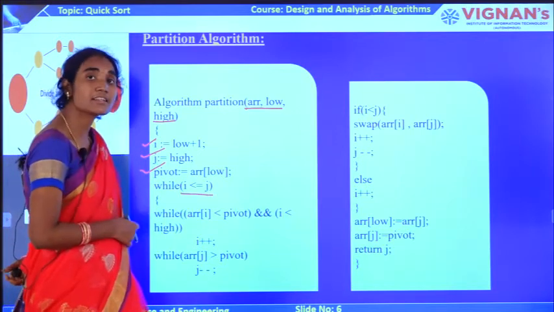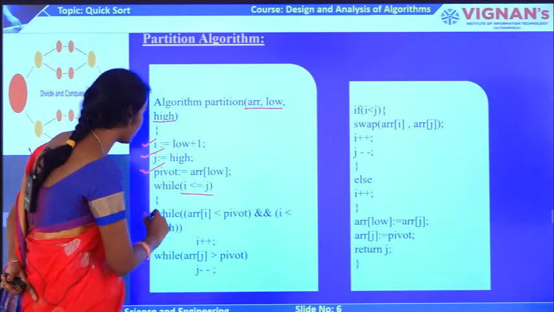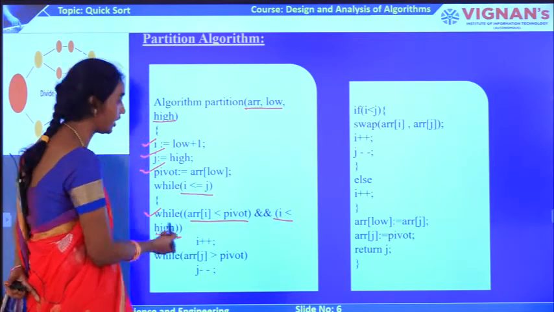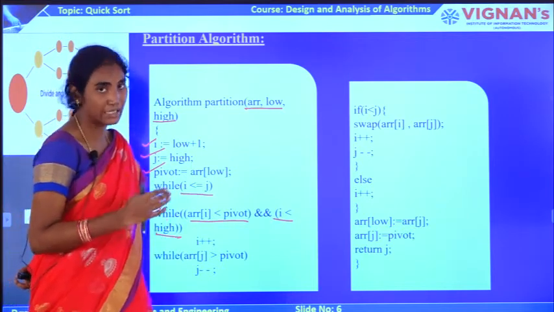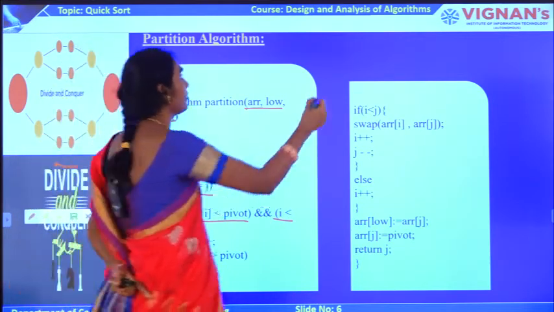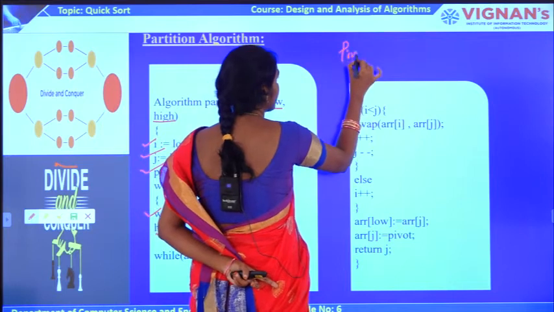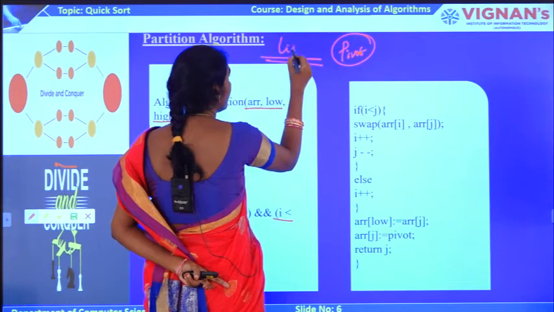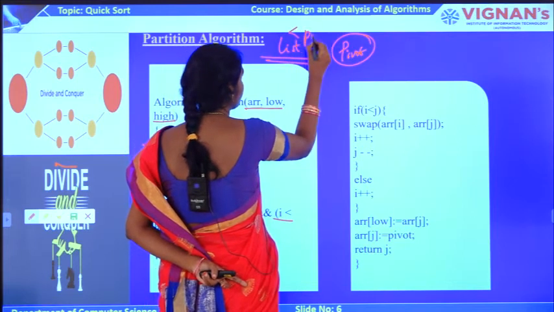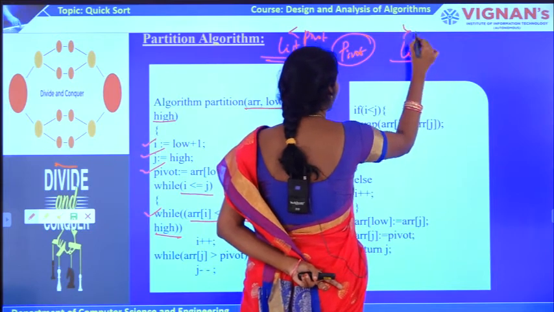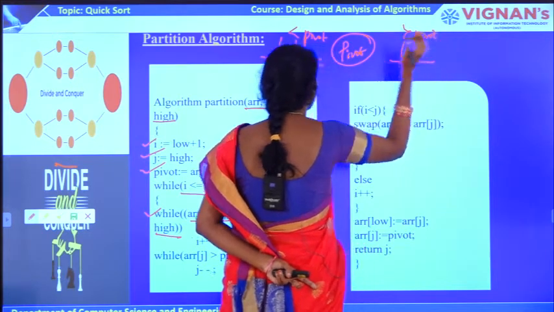Now while i is less than or equal to j, we have to check whether array of i is less than pivot and i is less than high. The main funda is that this list must be less than the pivot and this list should be greater than the pivot. That is the basic principle.